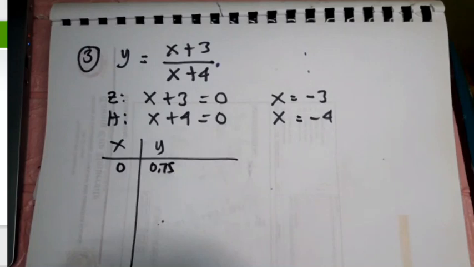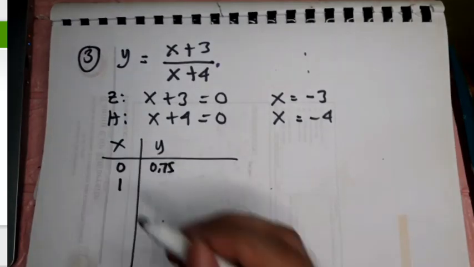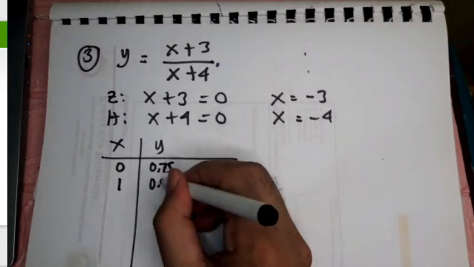X is equal to 1. What will happen? 4 over 5. That is 0.8, no? X is equal to 2. 5 over 6. What is 5 over 6?